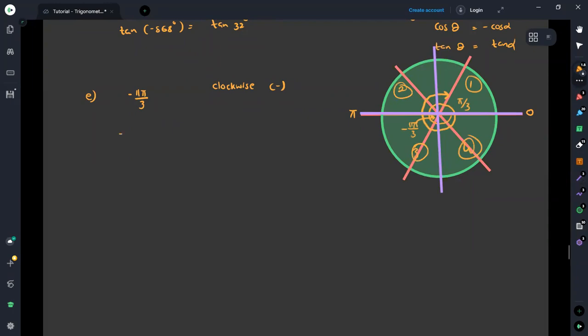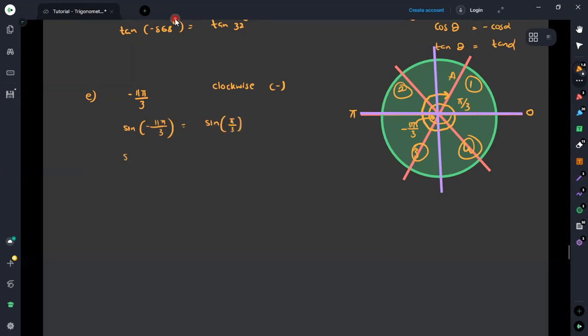Therefore we can take sine, cosine and tangent. Sine of minus 11 times pi over 3. Since it is in the first quadrant, all ratios should have the positive sign. Therefore, this would be equal to sine pi over 3.